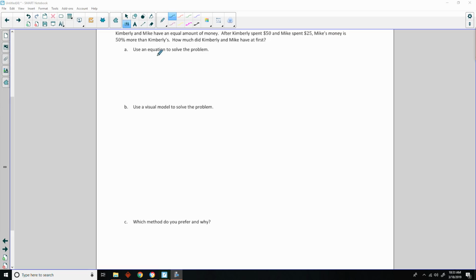Okay, so now it says to use an equation to solve the problem. So we have to assign a variable. Let x equal Kimberly's money after spending 50.